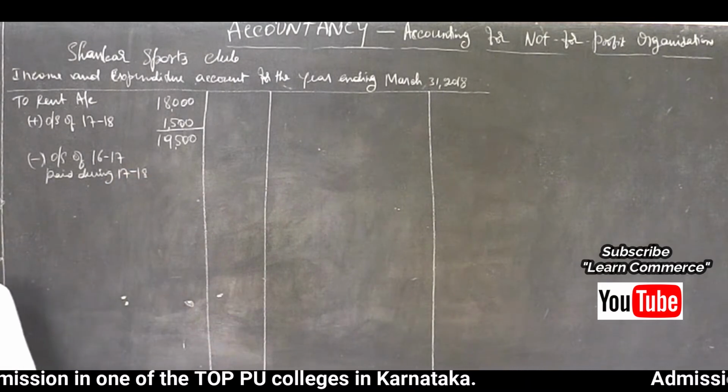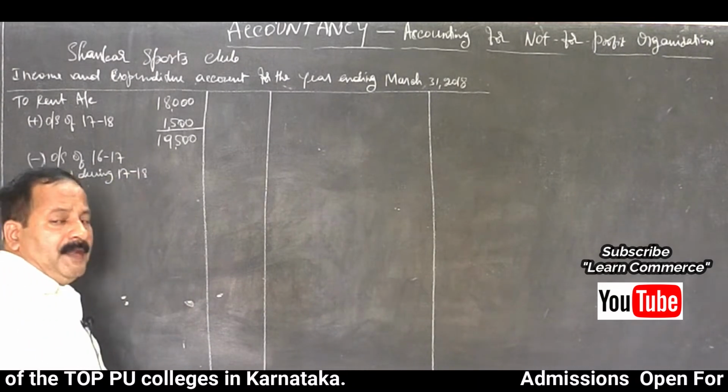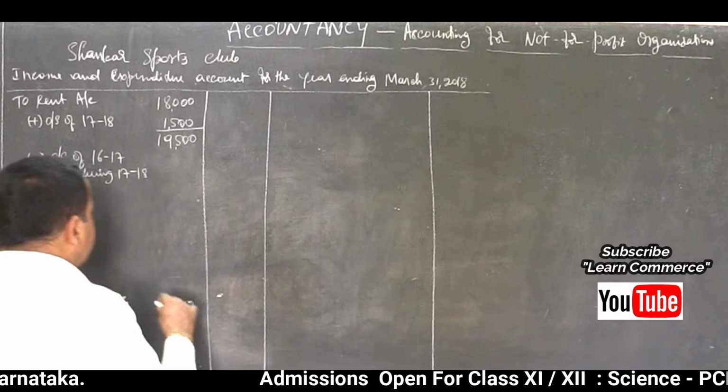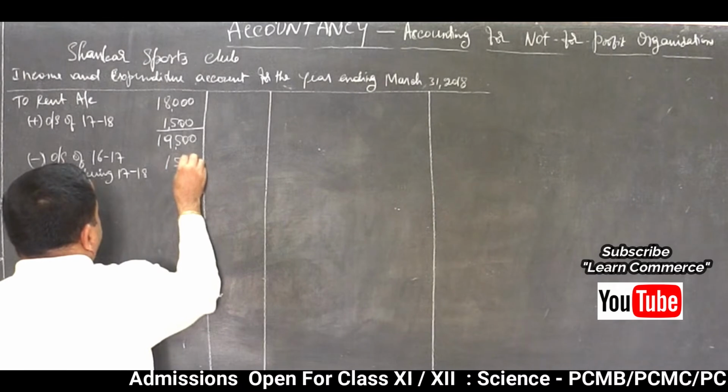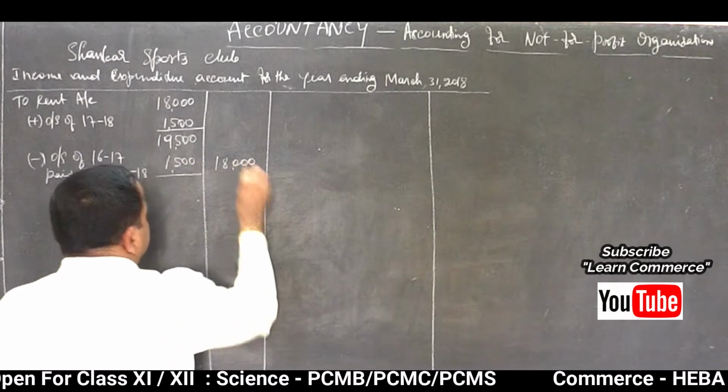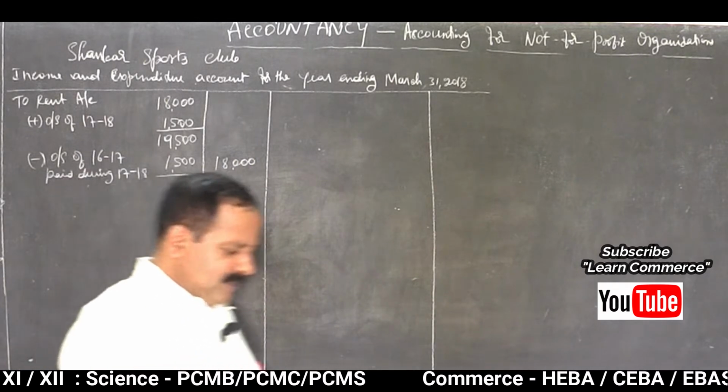That 16-17 amount paid during 17-18 is not of the current year, so deduct it. It is also 1,500, deduct it, and we get 18,000, right? 18,000.